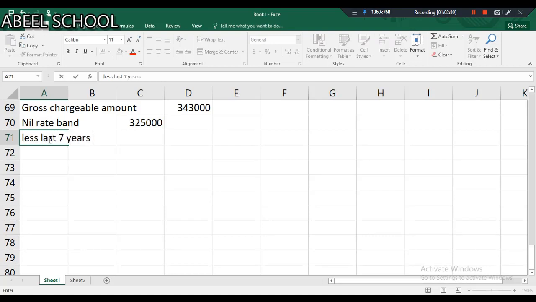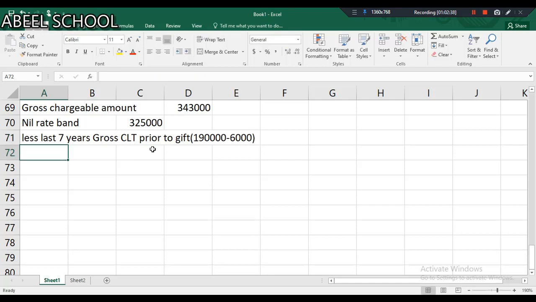less last 7 years gross CLT prior to gift, which is basically 190,000, but from that 190 I have to deduct 6,000 annual exemption. 190 minus 6,000 is 184.